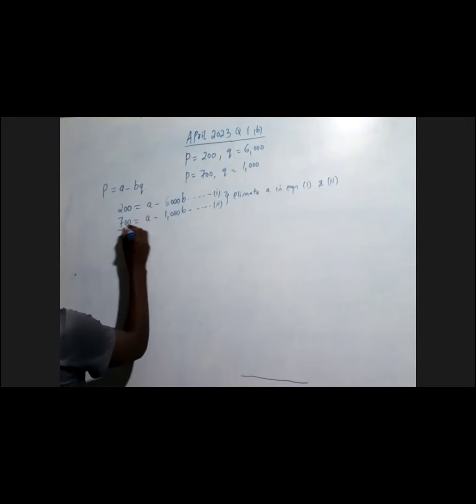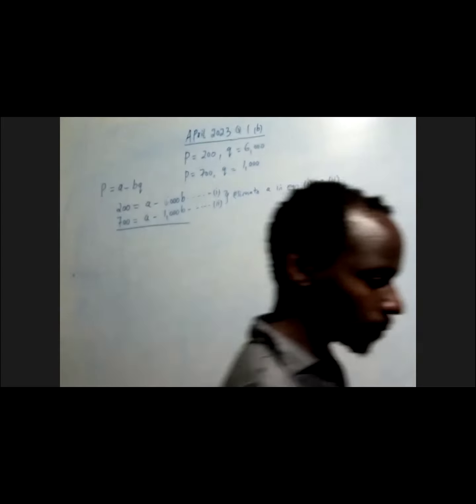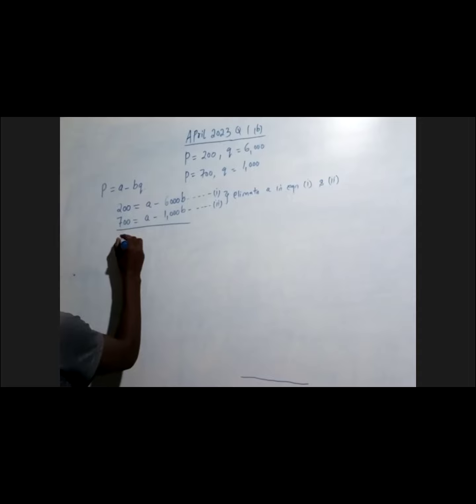So if we eliminate, 200 minus 700, what is 200 minus 700? Yeah, it is minus 500. Remember the negative sign.